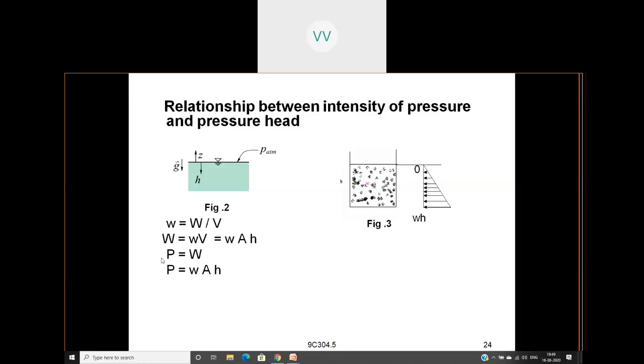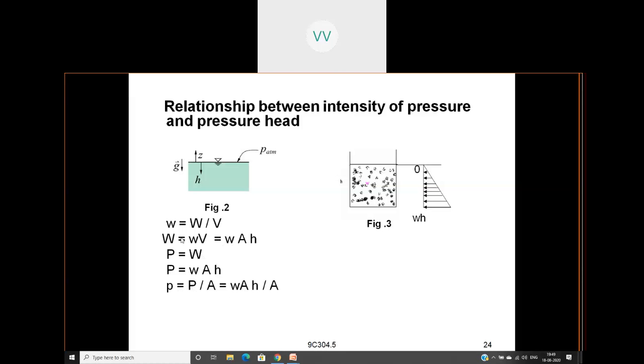Now the pressure force P is equal to W. That means the pressure force applied should be equal to the weight of the water. Equating P is equal to W, small w AH, so small p is equal to capital P by A. That means the intensity of pressure is equal to the total pressure applied over a particular area.